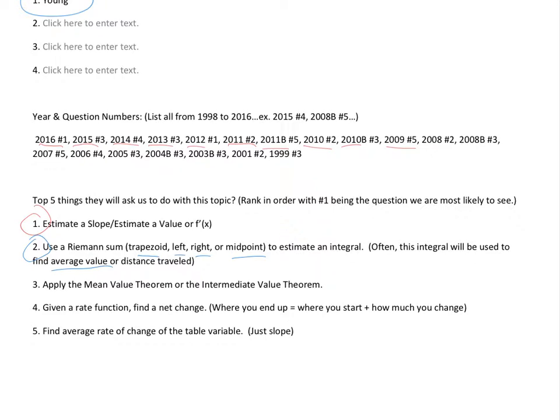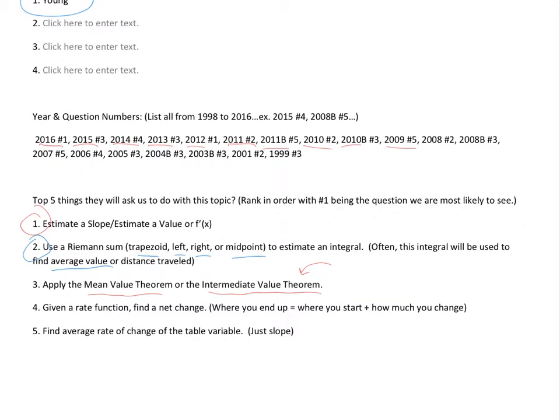There's going to be a question likely that involves the intermediate value theorem. Occasionally mean value theorem, but intermediate value theorem is very often. That sets up nicely for a table. A lot of these problems are going to also give you a function that either goes along with the table, it's something else that's happening at the same time as the table, or it's something that happens after the table stops being the values we care about.